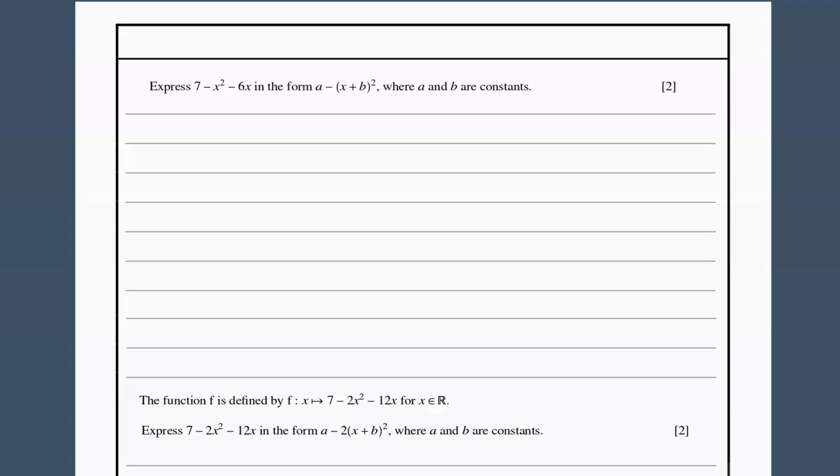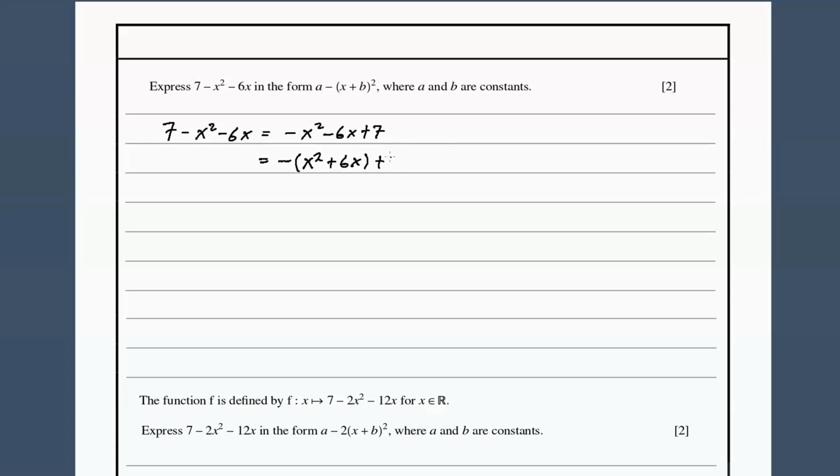So in this particular case, we are going to start by rearranging this expression. The 7 minus x squared minus 6x can be written as minus x squared minus 6x plus 7. Here, I'm going to focus on the first two terms for completing the square, and I'm going to factor out minus 1, which means I'll be having inside the bracket x squared plus 6x.